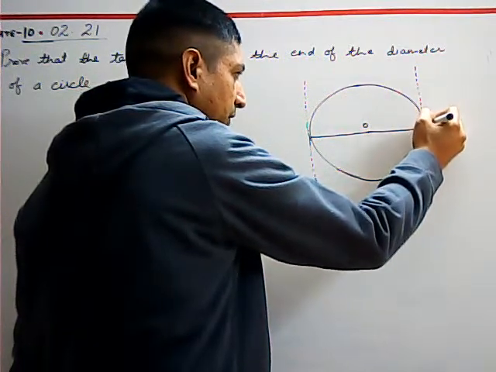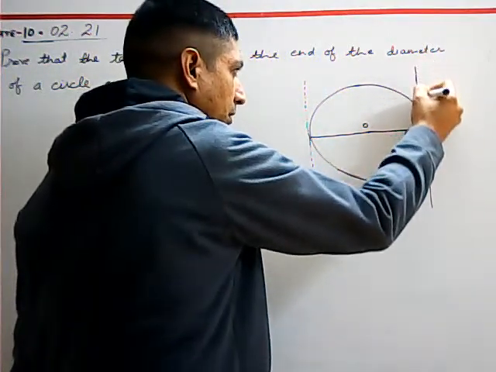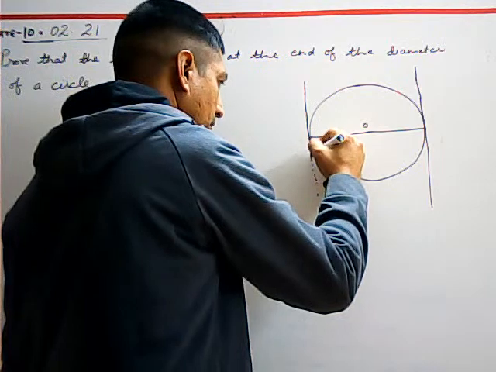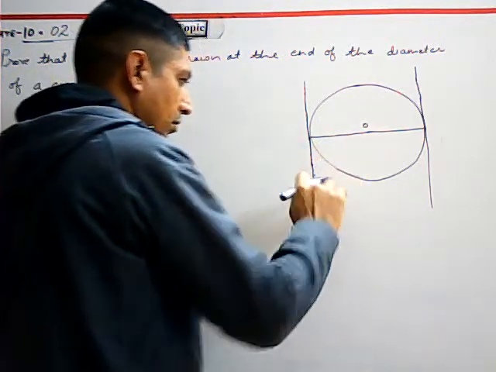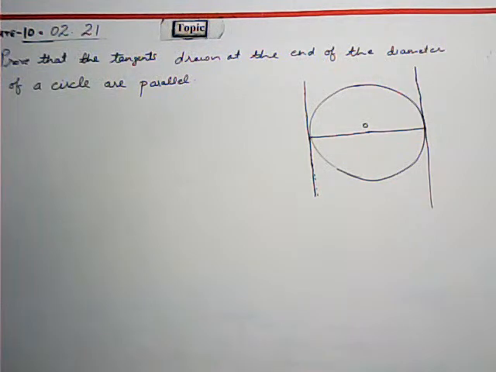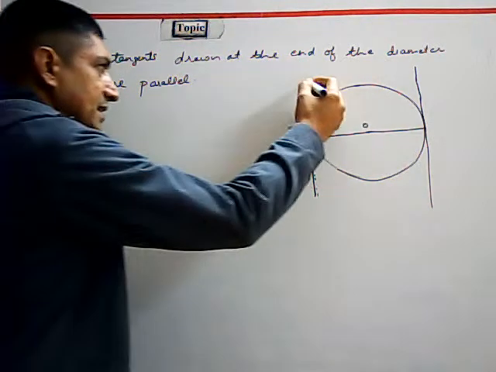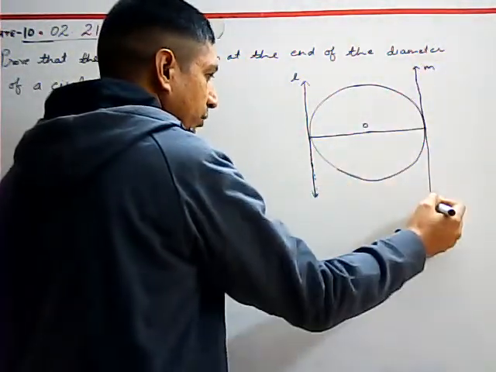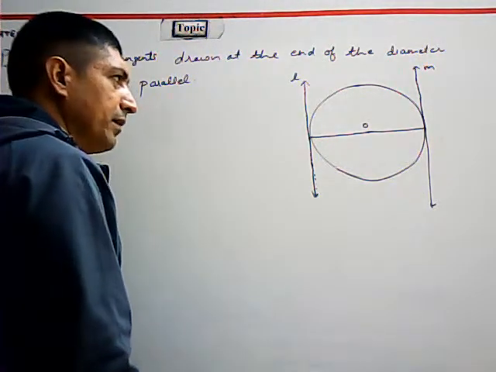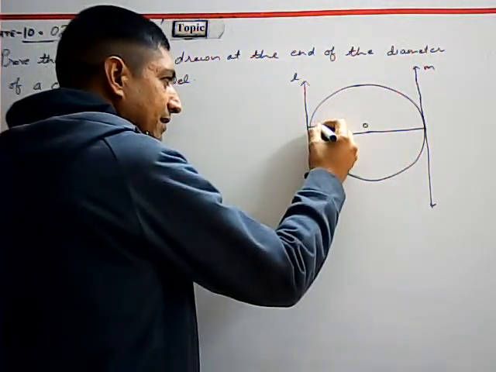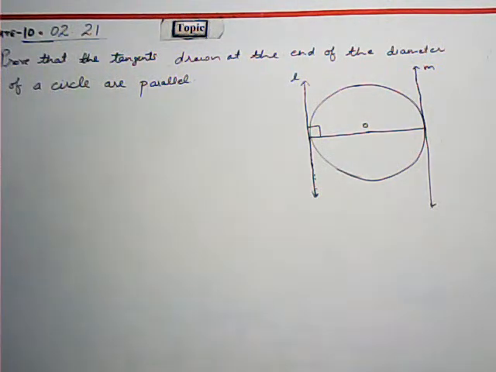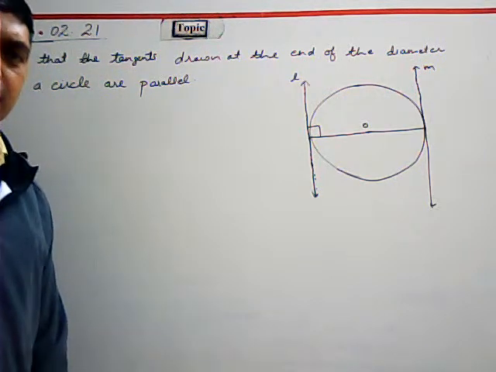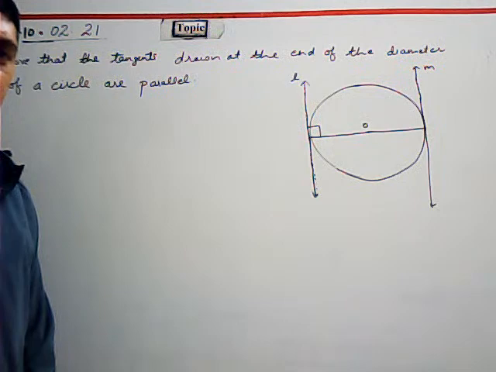So we know the property of the tangents, right? Here, if this line is line L and this line is M, one tangent is L and one tangent is M. We know the property that this angle is always 90 degrees, the angle subtended by the radius at the point of contact.